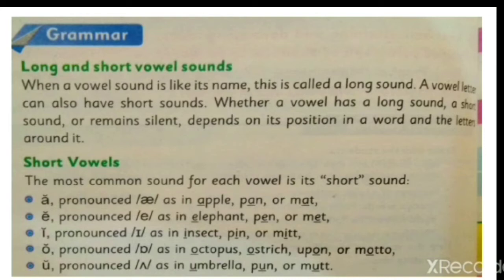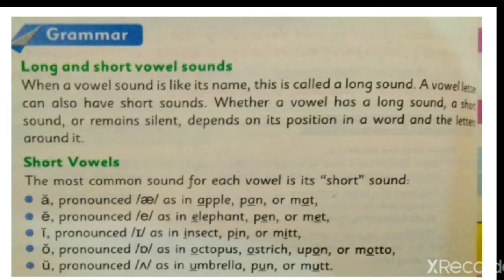The way we distinguish between short and long vowel sounds is on the same idea: in a long vowel sound, the sound is produced the same way as its name. The examples are given later in the next slide.